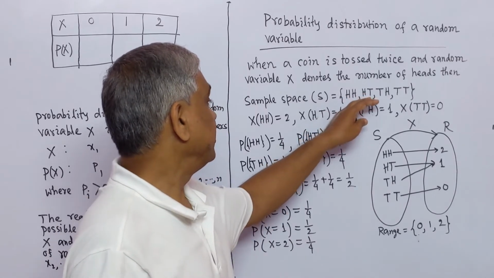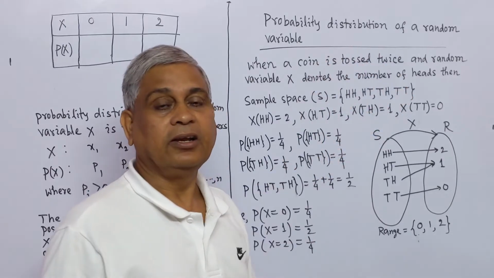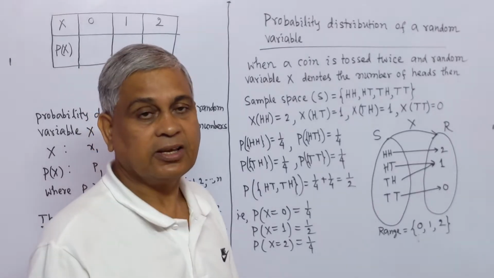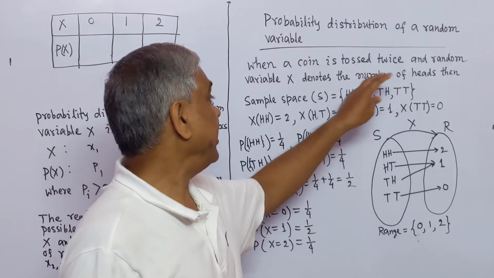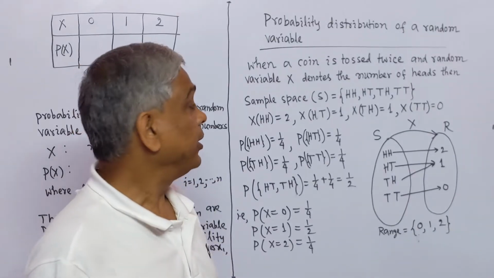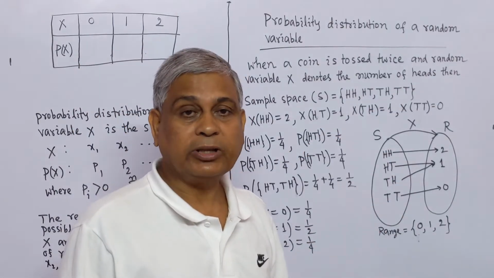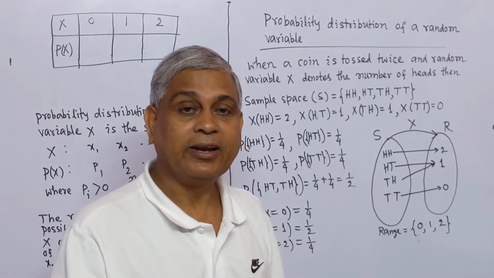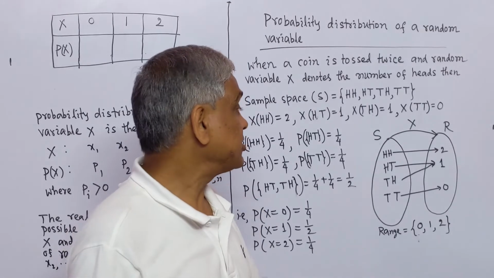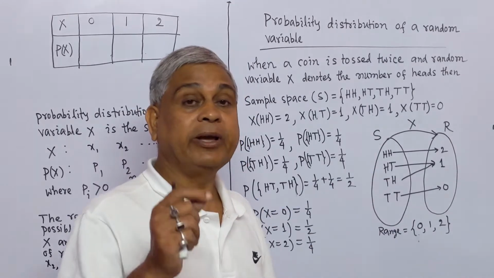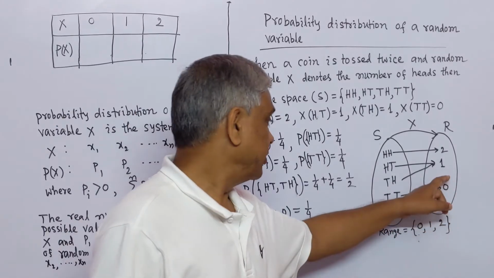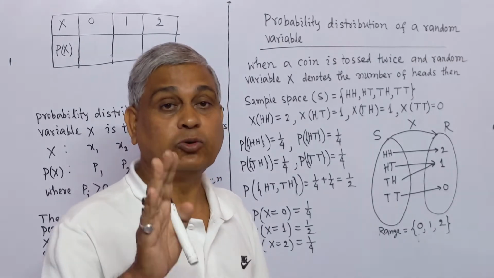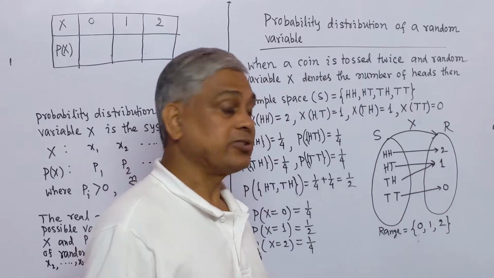Let a coin be tossed twice, then the outcomes are HH, HT, TH and TT. The collection of these outcomes is the sample space S. Let random variable X denote the number of heads, and we know that a random variable is a real valued function whose domain is the sample space of a random experiment, and codomain is the set of real numbers.